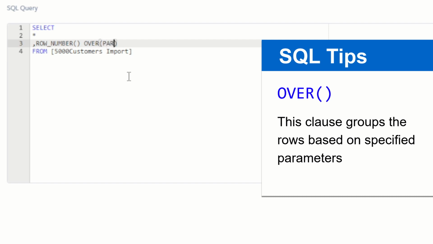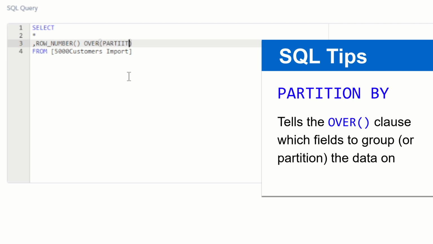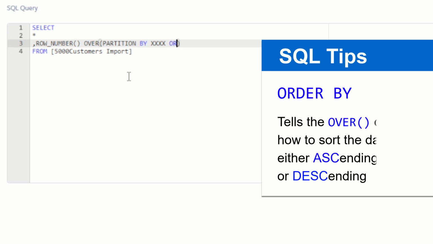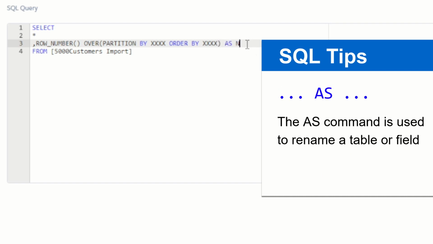It's going to be a partition by, and it's going to be partitioned by a particular field. That's going to be order by, and then order by another particular field. Once I've got this, of course, I have to give my new field a name. So be as, I'm going to call this one rn for row number.